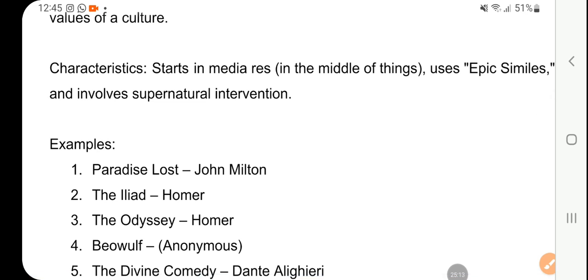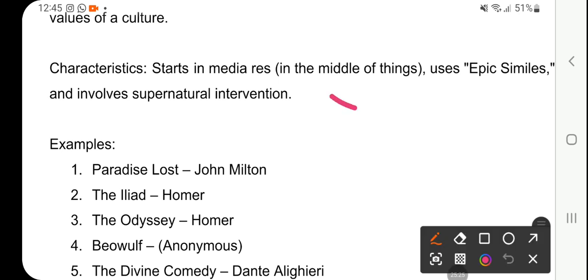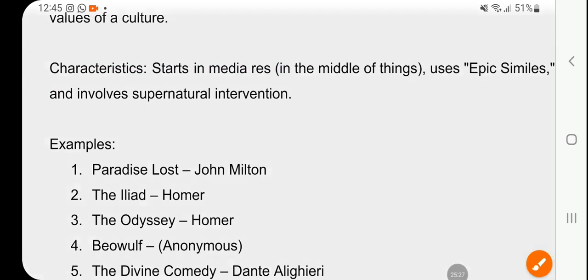Characteristics: it starts in media res, in the middle of things, uses epic similes, and involves supernatural interventions, which is very important, right? Jatayu, Bali, Sugriv, and so on. It starts in media res, in the middle of things, like Dasharath goes to Valmiki ji and prays to have children.